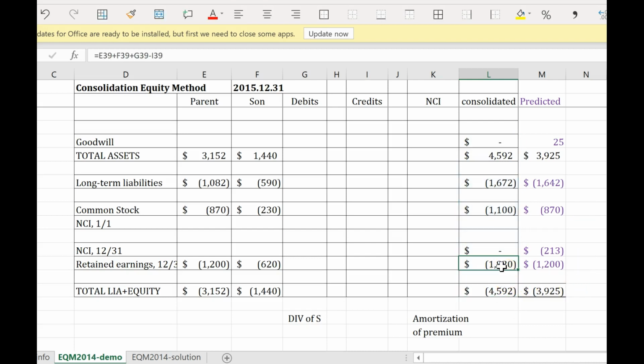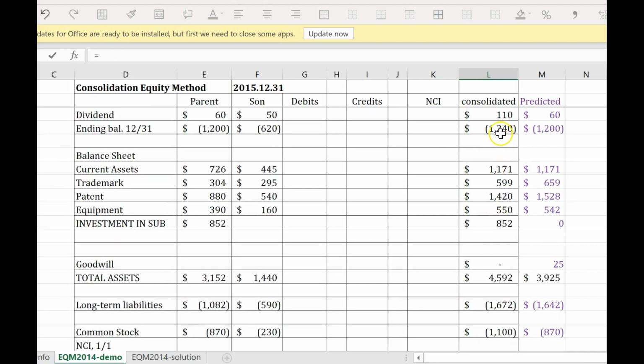Retained earnings should be from the above.